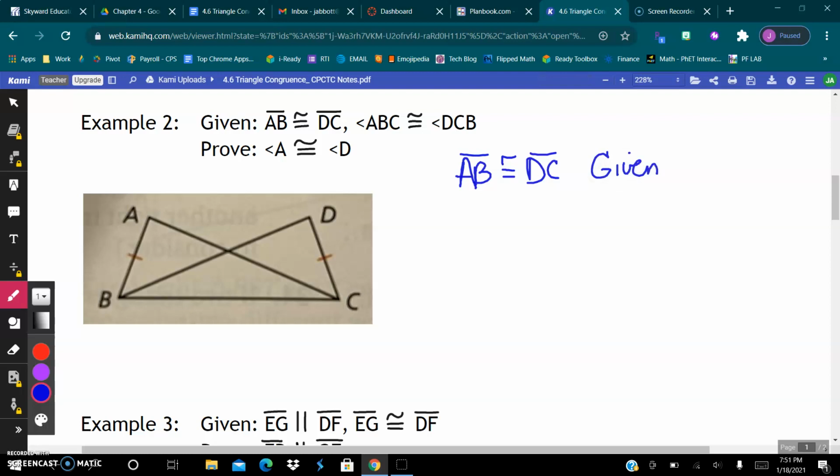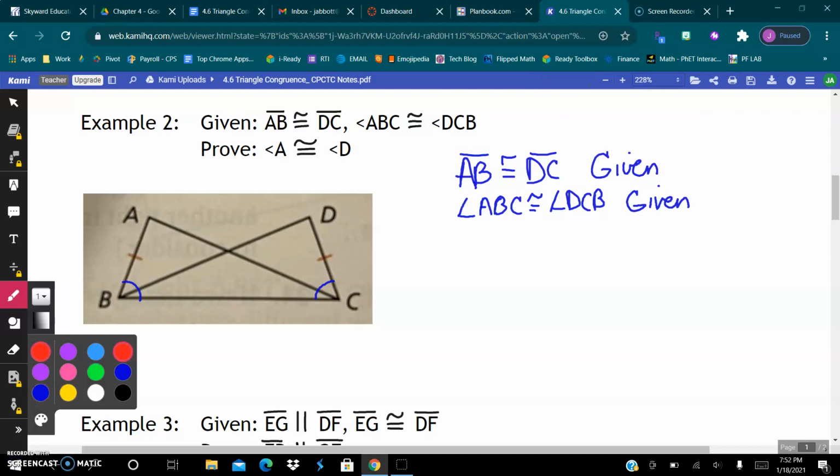And angle ABC, so this angle here, is congruent to DCB, so this angle here. And that's given as well. We need to prove that angle A and angle D are congruent, so those top angles there.